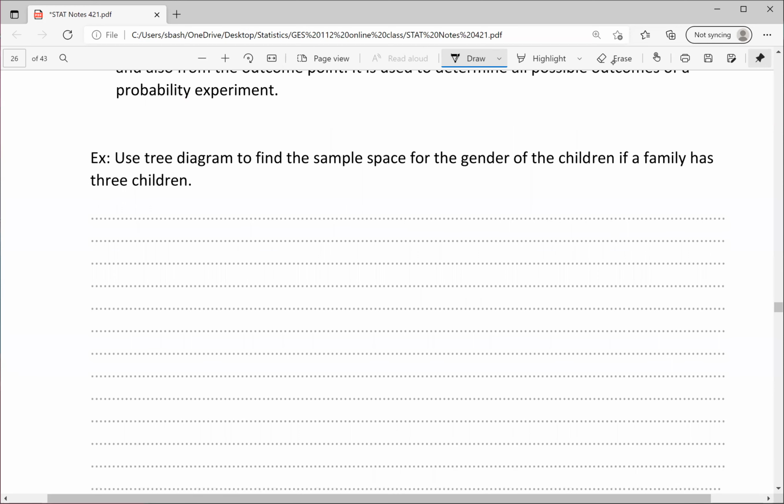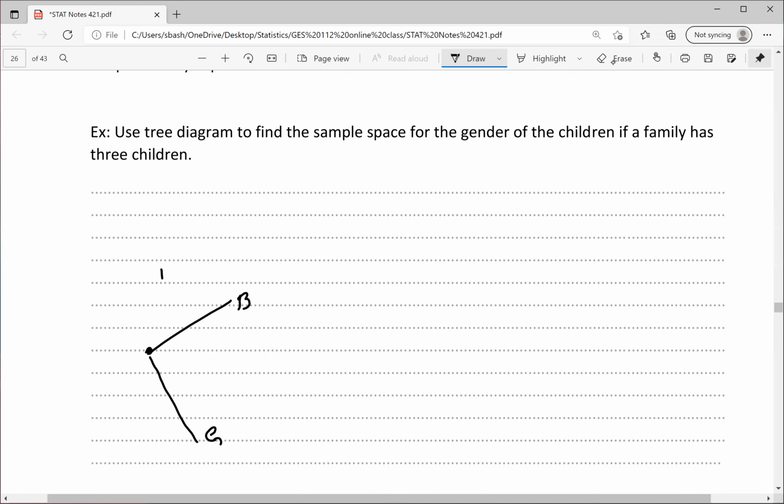Let's start with the starting point. Now the first kid will be either a boy or a girl. This is the first kid. Now the second kid will be either a boy or a girl.